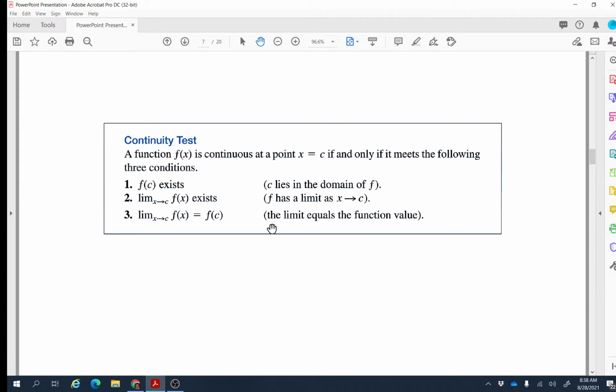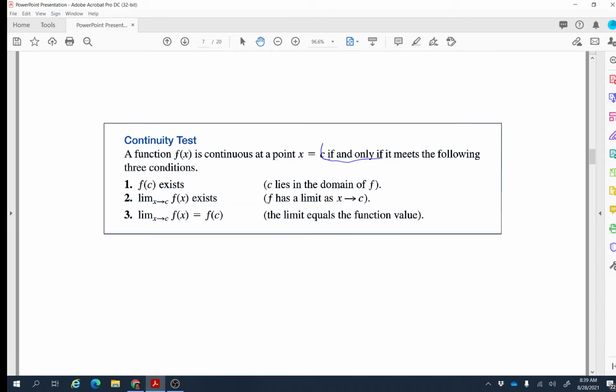This is the test we're going to use whenever we try to find out whether a function is continuous or not. That's called the continuity test. A function f of x is continuous at a point x equals c if and only if it meets the following three conditions. The value of the function at c exists, the limit of the function when x approaches c exists, and the limit of the function and the value of the function at c are equal.